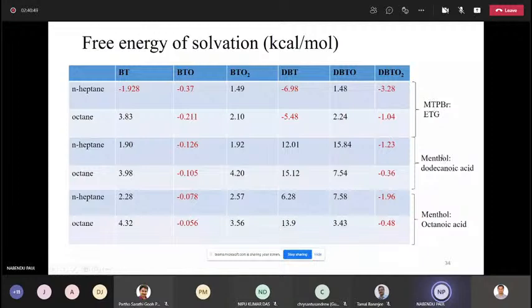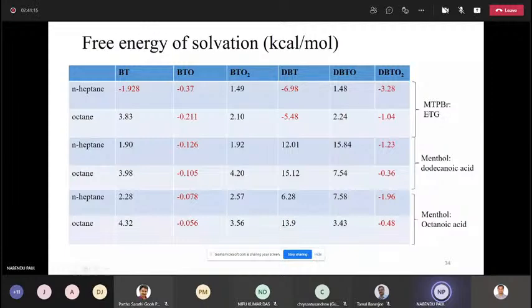So it means that the BTs, that is, the sulfur compounds, were initially present in those heptane or octane, and these DESs on the right side were used as the solvation media, so that these sulfur compounds can transport to the DES phase.